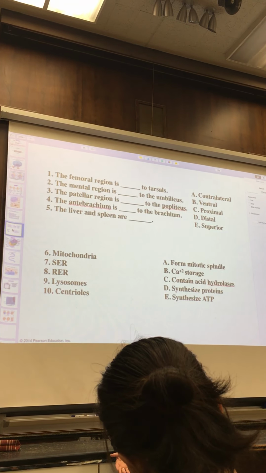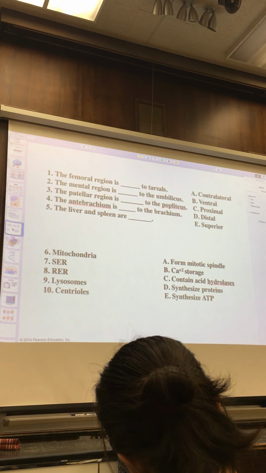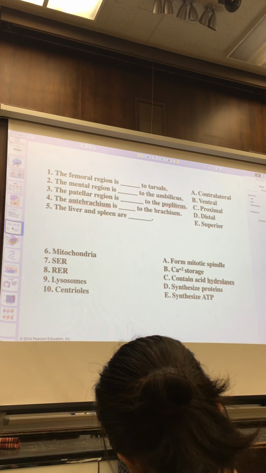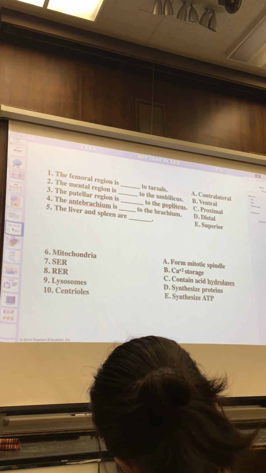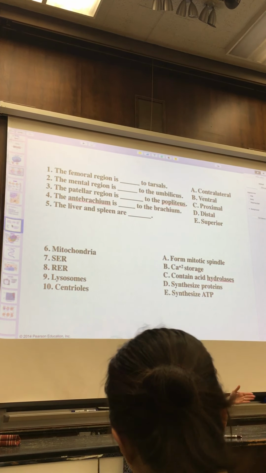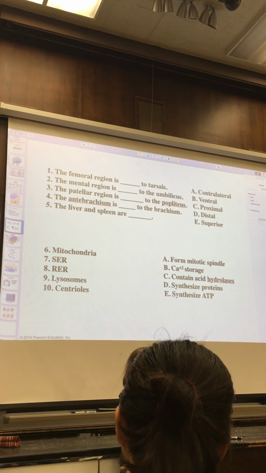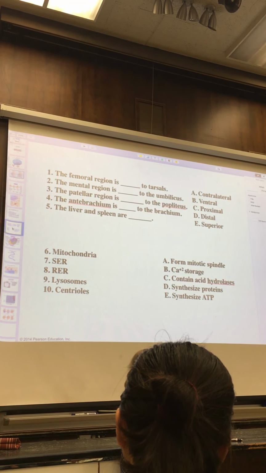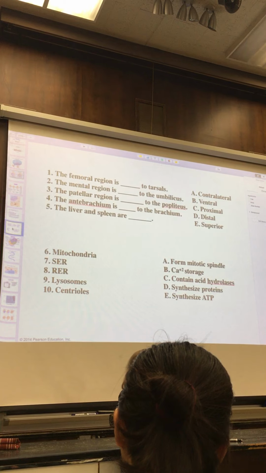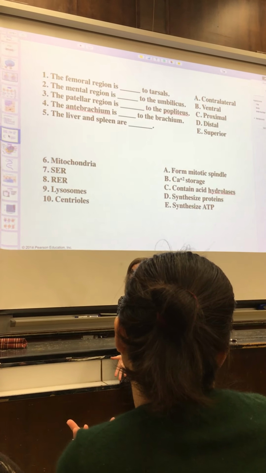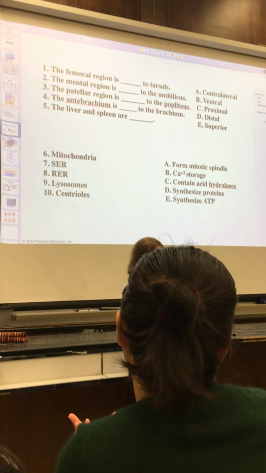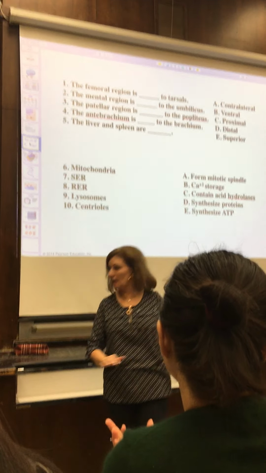So the antecubital to the olecranon, or the olecranon is dorsal, beautiful. Anterior, ventral, posterior, dorsal. Ventral means belly. We're good with this? Yes, okay.